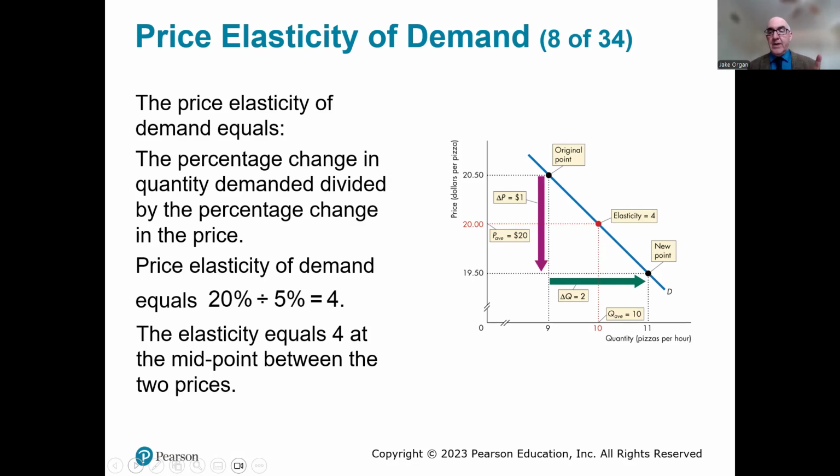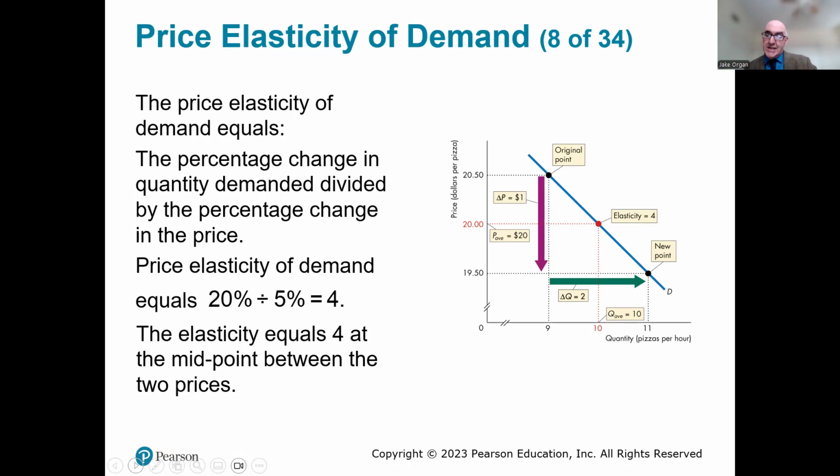So the elasticity between the point of the 9 pizzas and the 11 pizzas is, we can work out, there's been a 20% rise in quantity demanded divided by a 5% drop in price.